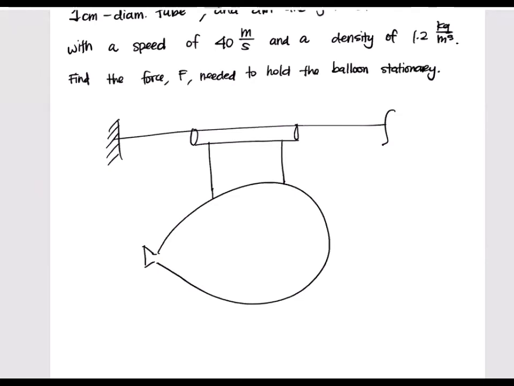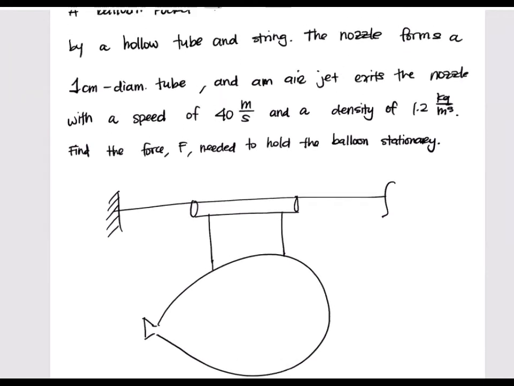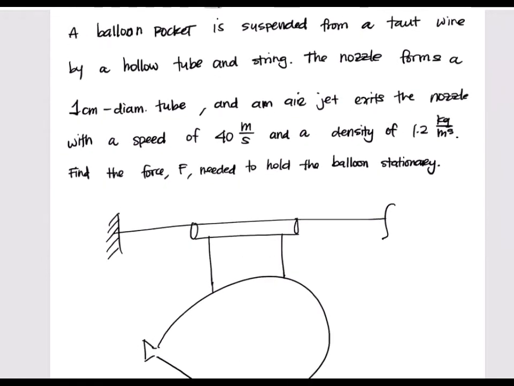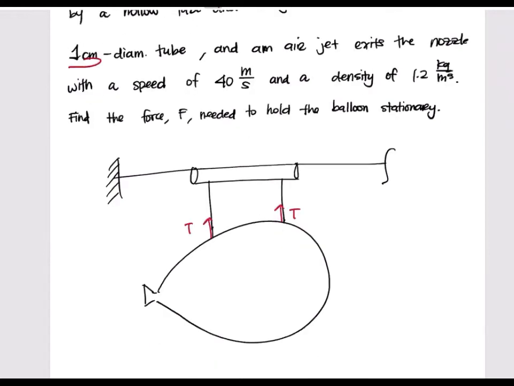Okay. We are given some information in the problem statement. So we're suspended from taut wire. So this means we have some tension here. The nozzle forms a 1 centimeter diameter tube. So this is going to be 1 centimeter diameter.